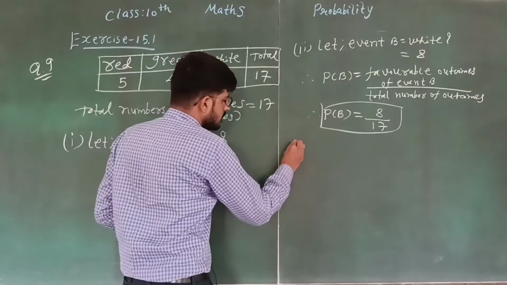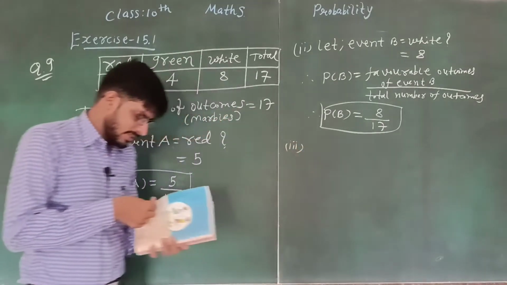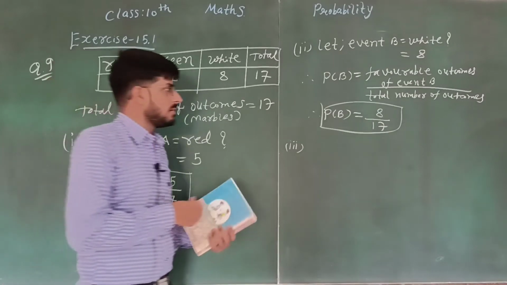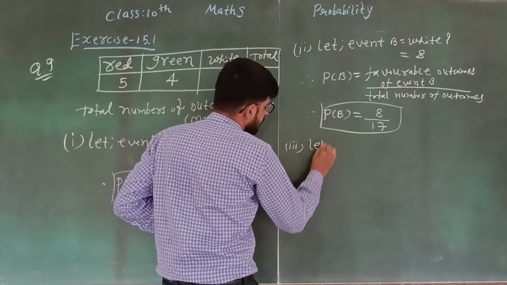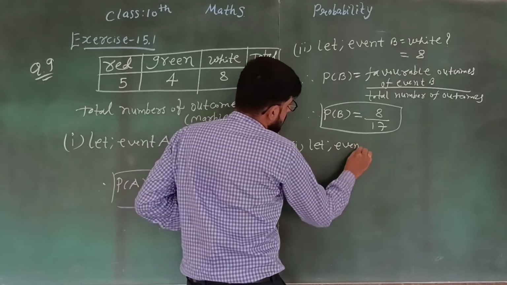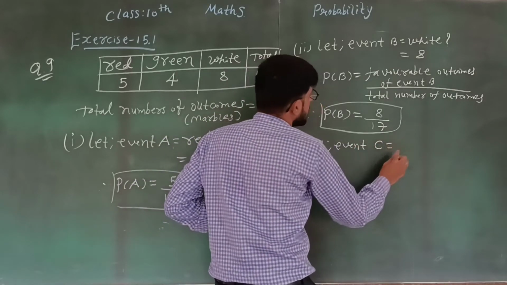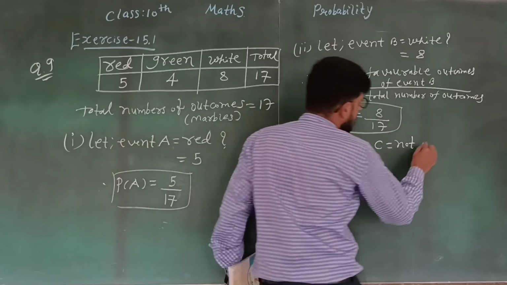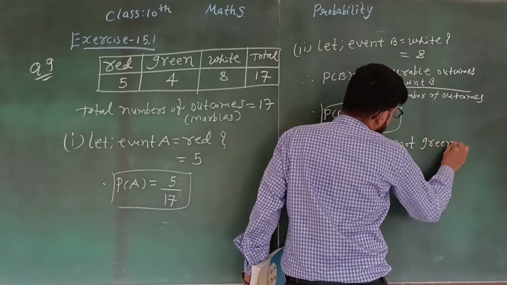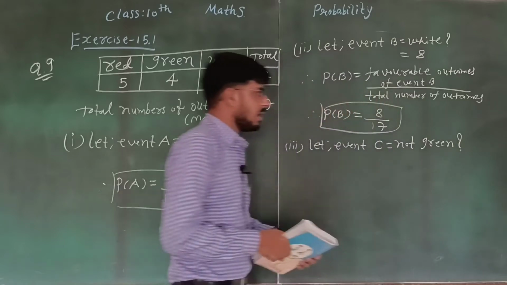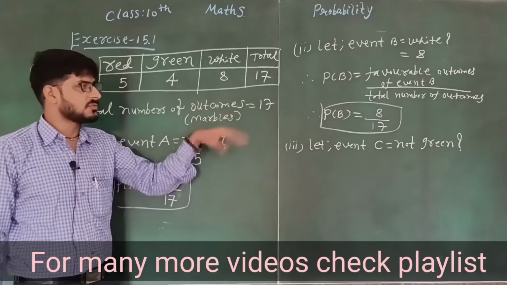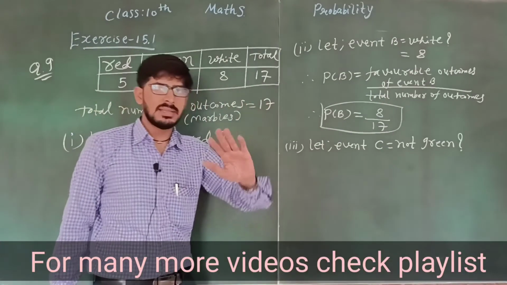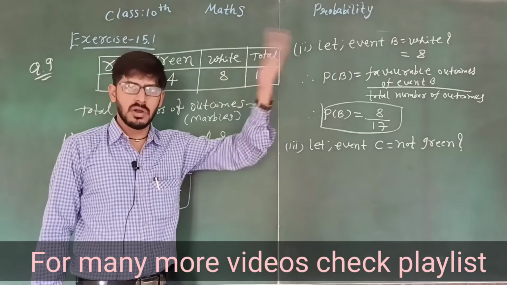Then the third one is not green. Let event C be not green marble. Again there are 2 ways to find. First, find the probability of green marble and then subtract it from 1.